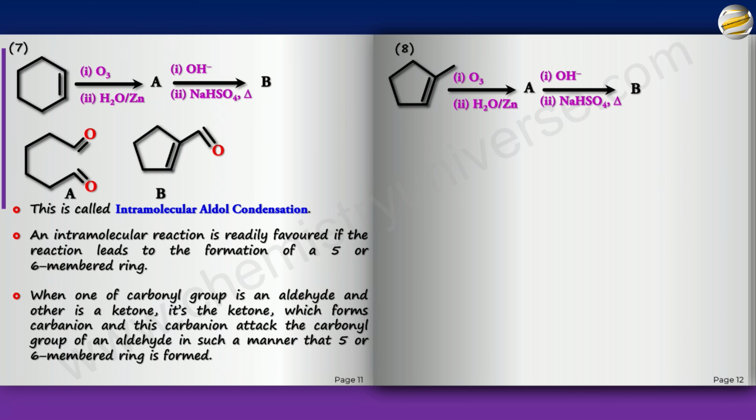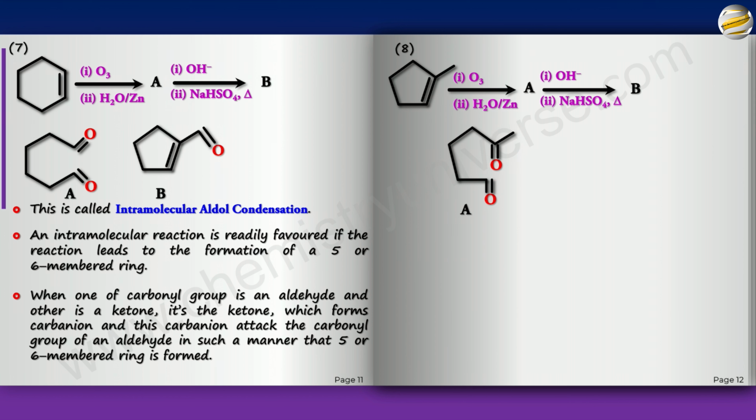So obviously the first, A, is going to be this, by reductive ozonolysis. Now remember, the ketone should form the carbanion. The ketone will lose the 2H. It can either lose this, which means it will attack here. If it attacks here, you will get a 1, a 2, a 3, a 4, a 5 and a 6-membered ring.